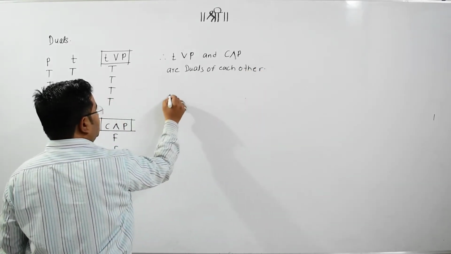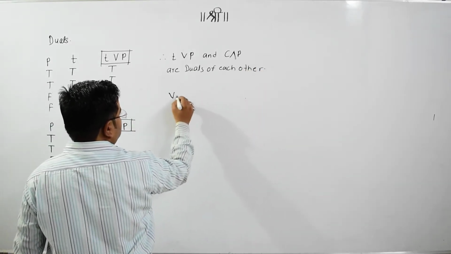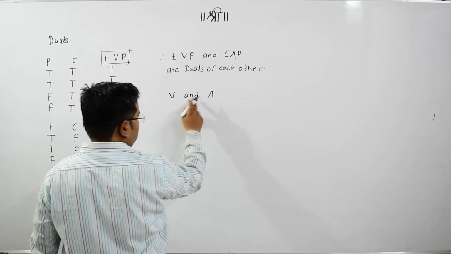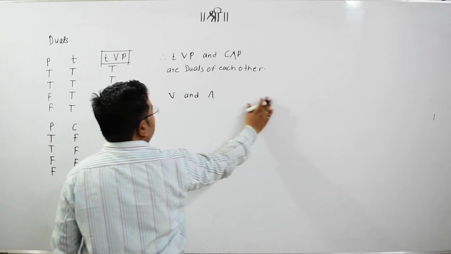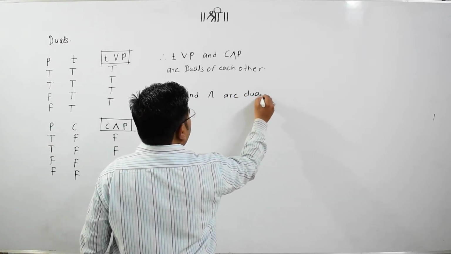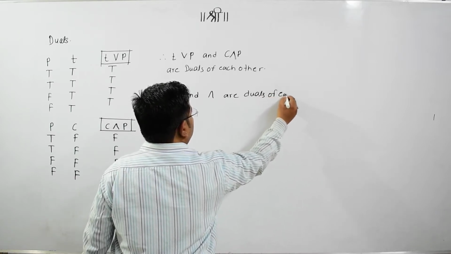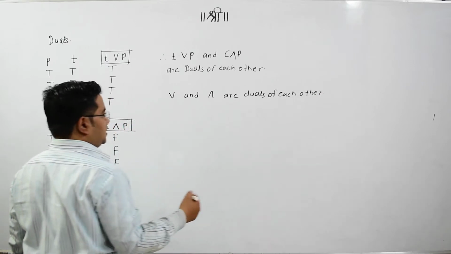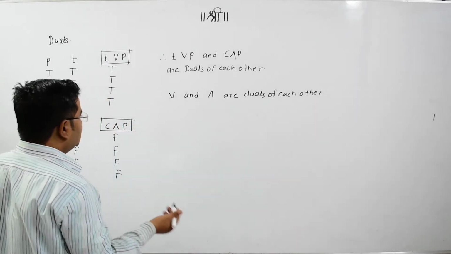So fundamentally, this or and this and are called duals of each other.